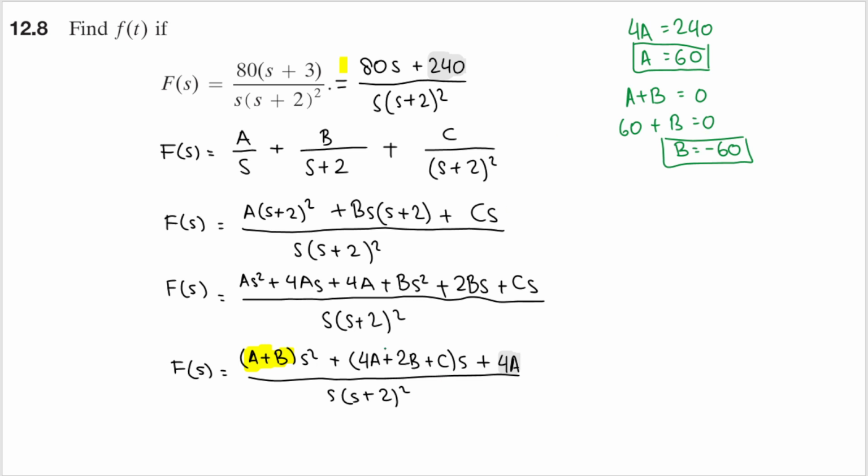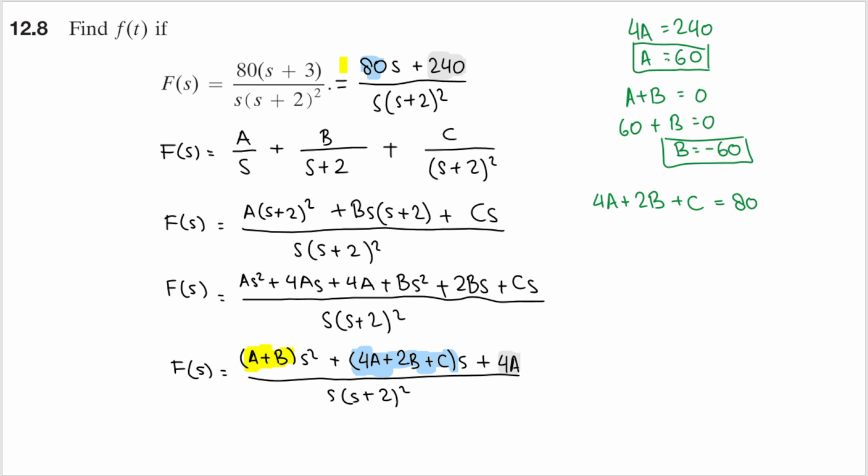Okay, maybe let's save that first. And now one thing that we need to do is to find out C. Okay, and maybe let's highlight that. This one here is the coefficient of s, which is 80, right? So we will have 4A plus 2B plus C is equal to 80.